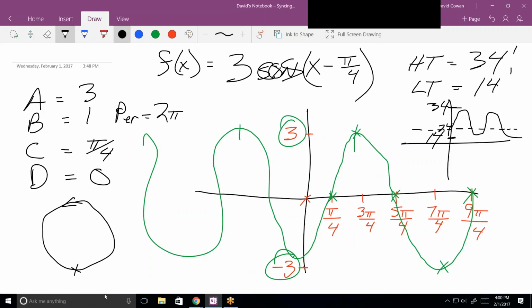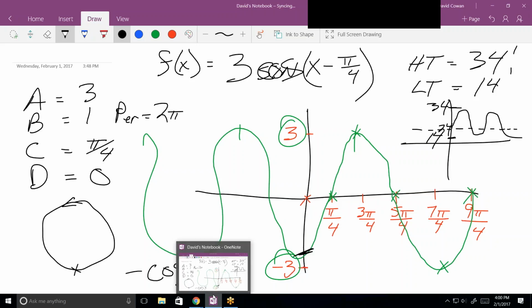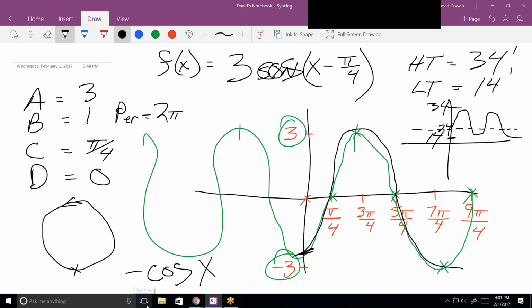Well, now you go to the midpoint and then to a peak. What function would I use here? Negative cosine. Negative cosine of x would start at the lowest point. It would go to the midpoint and go up to its peak, back to the midpoint, down to the low point. That would model that Ferris wheel action the best, a negative cosine function.